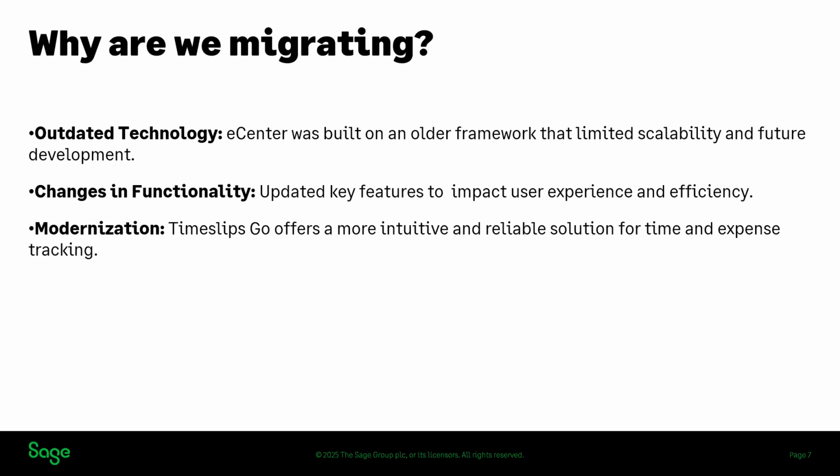Absolutely. Thank you for addressing that. And I do see that there is a question of, will all users have to stop using the eCenter before the upgrade to Timeslips Go? So yes, you're going to want to place a date on when you're going to discontinue the use of eCenter, because once you do that final sync, you're going to want to sync that information into Timeslips Premium.